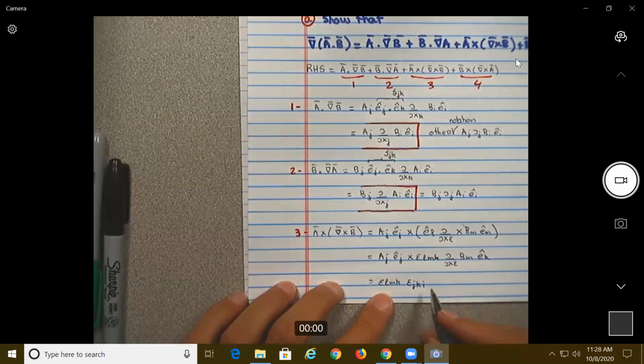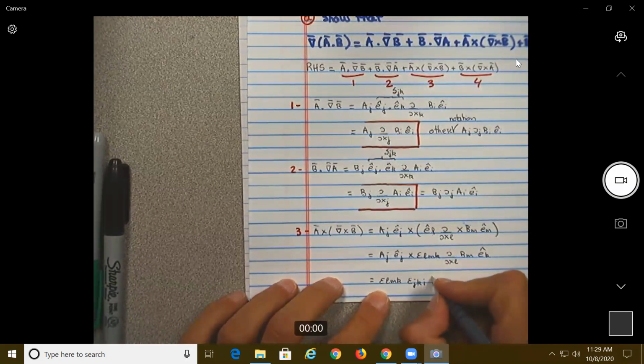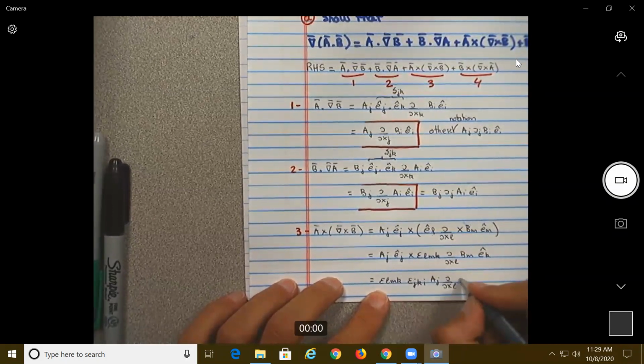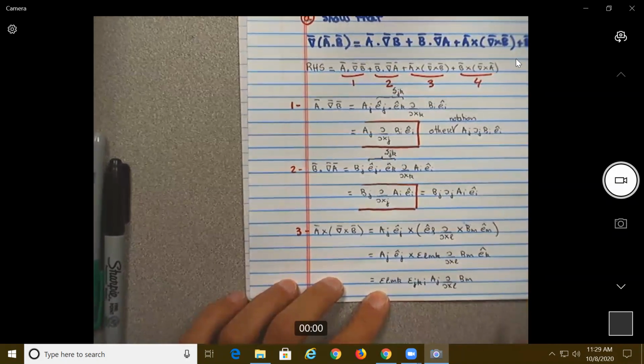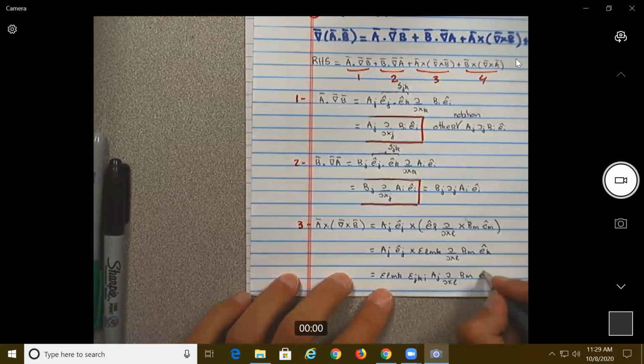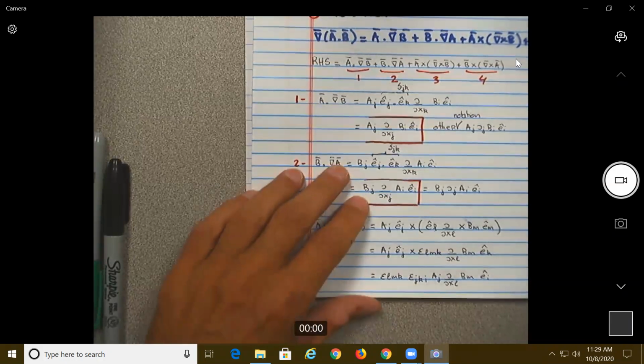So this will give you now, this will be epsilon L and K, epsilon JKI of AJ partial of XL BM, and EJ cross EK will give you the EI. Okay?